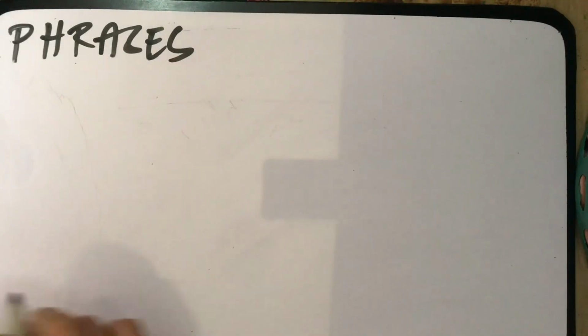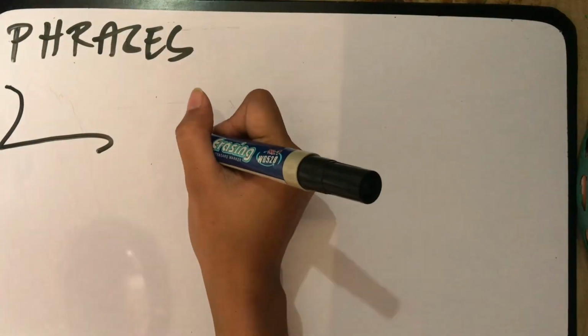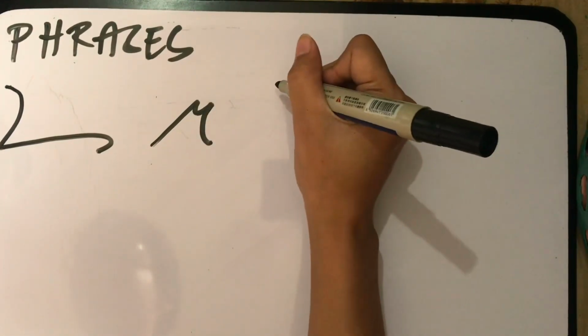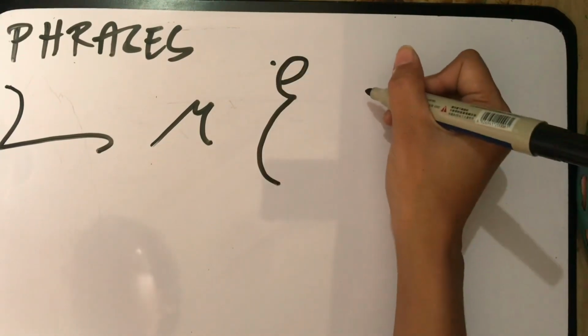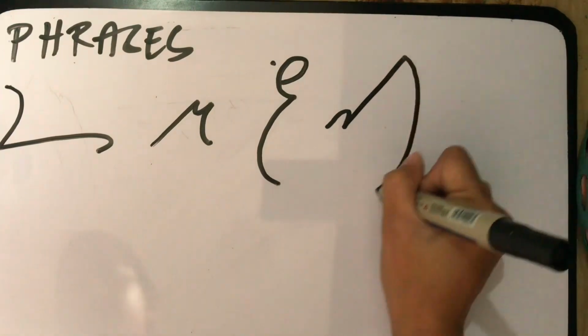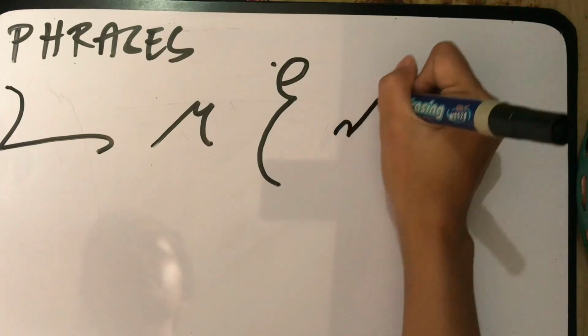In phrases, we have here the phrase from you or from your. We have here it was. We also have here has been. And you should have.